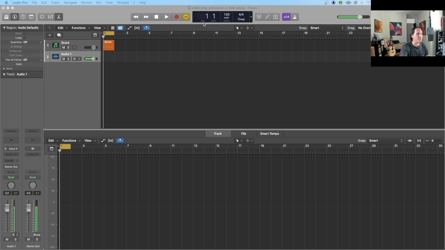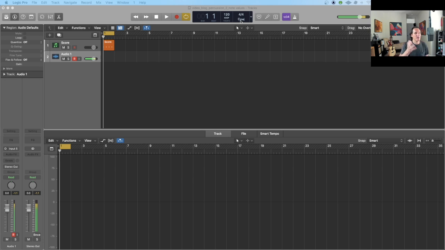Hopefully you can see this. We have our bars, we have a beat, we have our tempo, and we have our time signature, also called the meter, which we're going to talk about. And then we have our key signature, which for this discussion isn't really relevant because we're mostly just talking purely about rhythm. So we're not really worried about what key it's in, but that's also there.